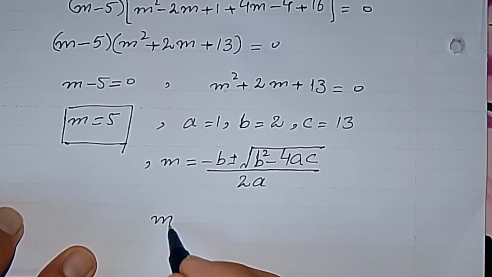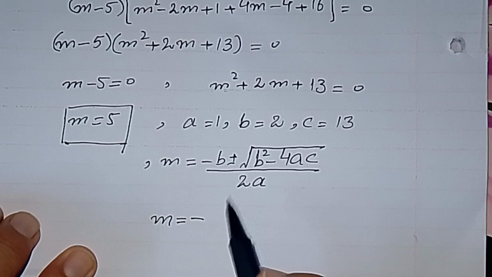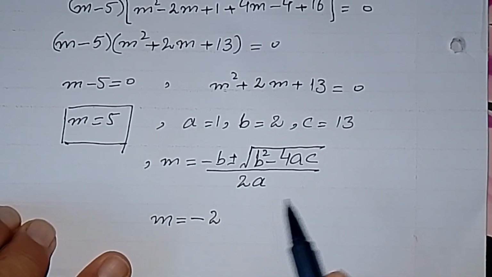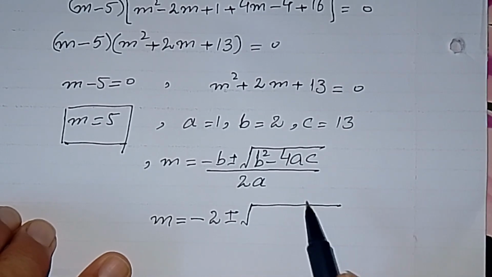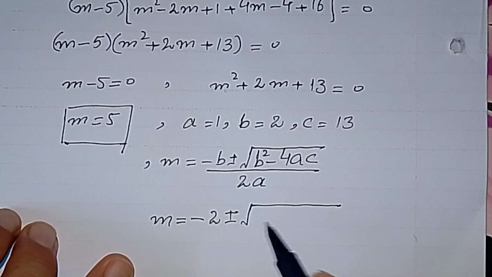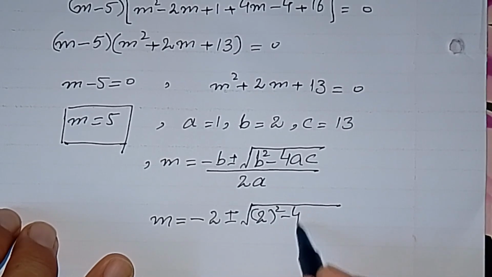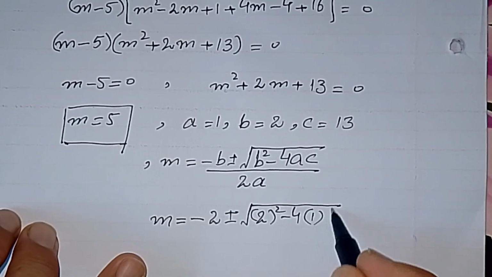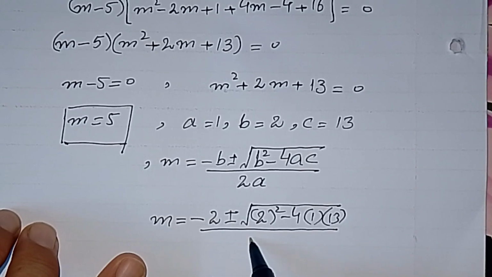Then m is equal to minus 2 plus minus under root (minus 2) whole square minus 4 into 1 into 13 over 2 into 1.